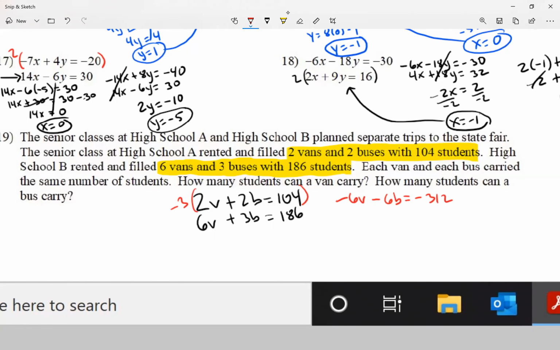I multiplied everything by negative 3. The second equation, I have 6v plus 3b is equal to 186. And the v's, I know they cancel out. With buses, a negative 6 and a positive 3, that give me negative 3b.